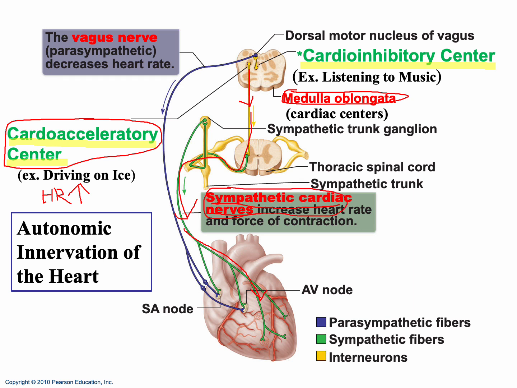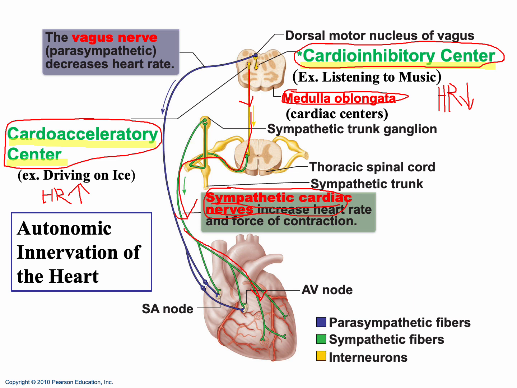The complete opposite of this now is taking a look at the cardio-inhibitory center. And this center is all about changing your heart rate by making your heart rate decrease short term. So you think of different things in your life that might relax you. Maybe it's listening to some music that relaxes you. Maybe it's a television show that relaxes you.